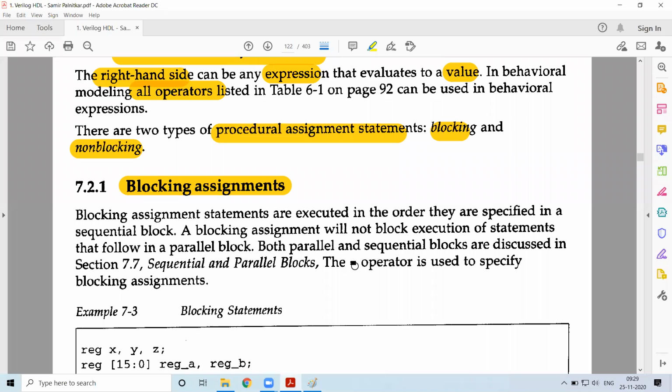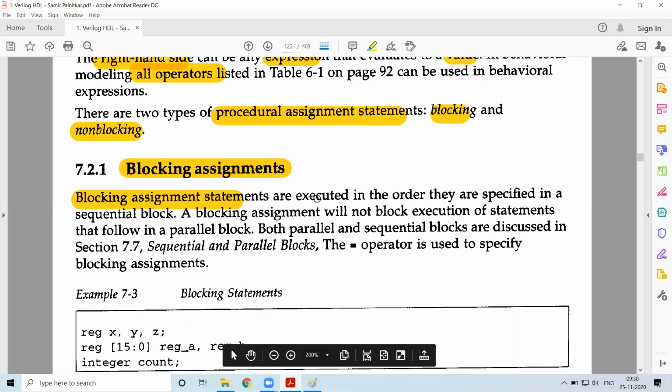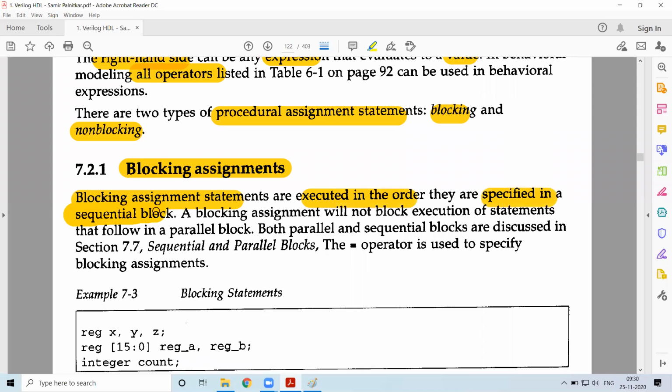They have something to do with sequential execution, where the assignment is done in some sequential form. Blocking assignment statements are executed in the order they are specified, and this leads to a sequential execution of those statements.